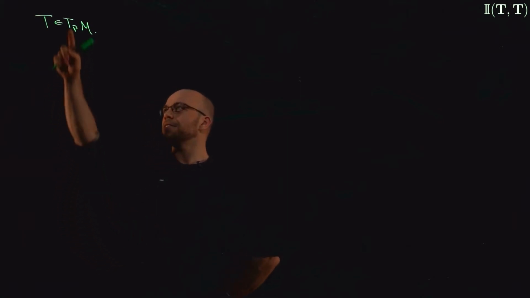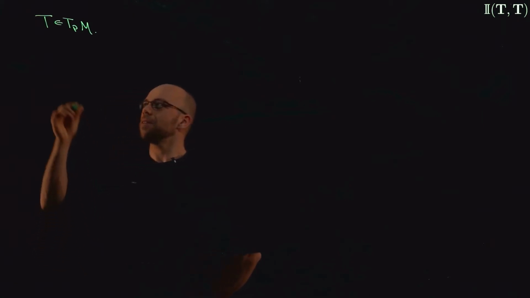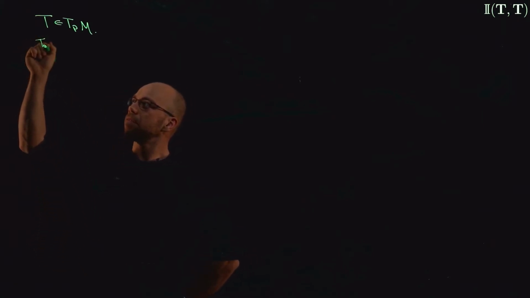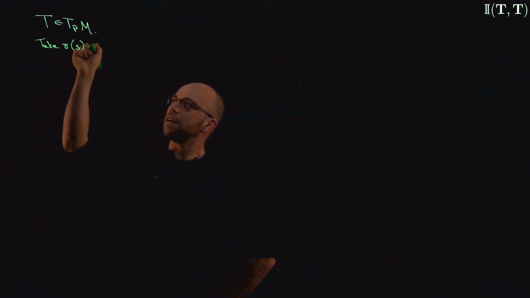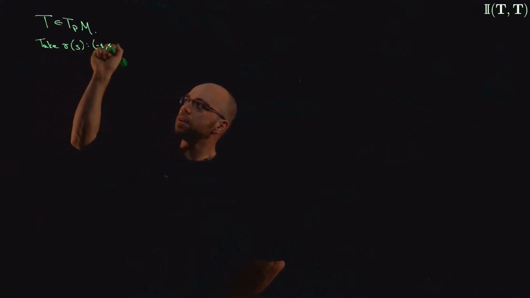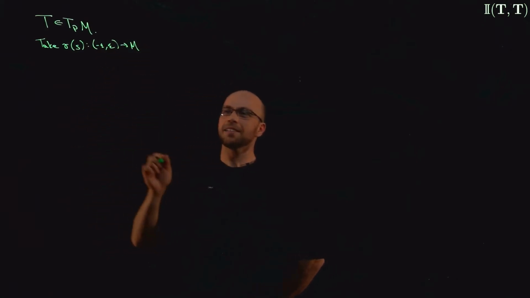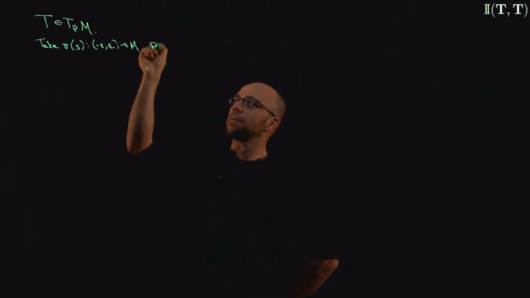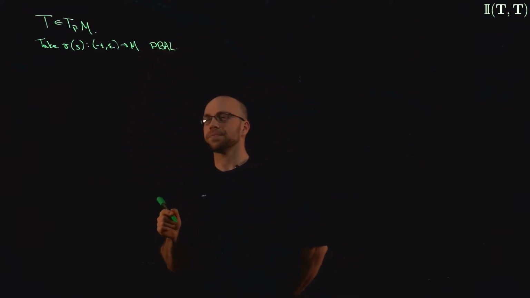When I use capital letters, I'm usually referring to curves, and in fact, let's do exactly that. So let's take a curve gamma of s, which goes from minus epsilon to epsilon into our surface. The reason I'm using s is that I'm going to think of gamma as being parametrized by arc length, just for convenience.